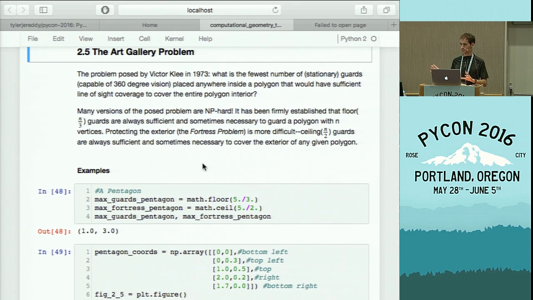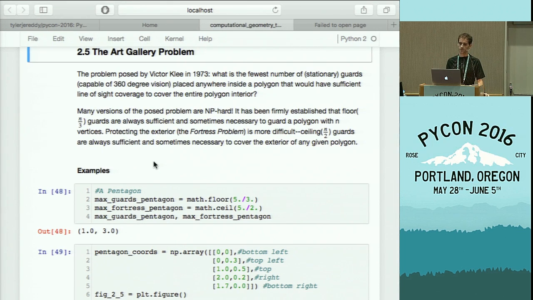But we do know some things about the limits and the always sufficient number of guards. So we know that floor of n over 3, the largest integer that's less than or equal to n over 3, where n is the number of vertices or edges in the polygon, is always sufficient to cover the entire polygon with guards or with video cameras, or if you're trying to spread some signal that requires line of sight everywhere in the polygon.